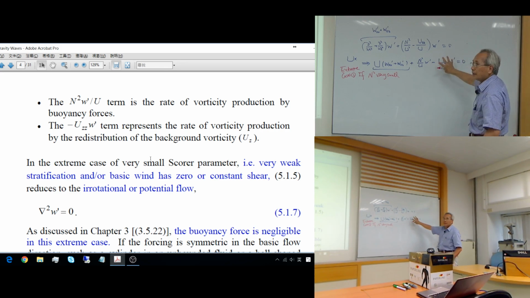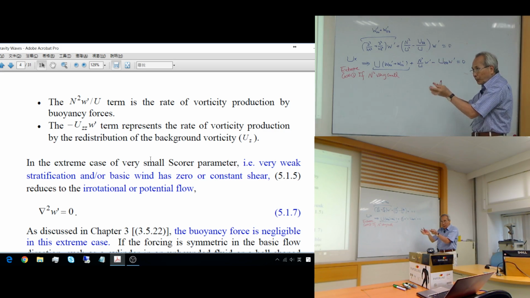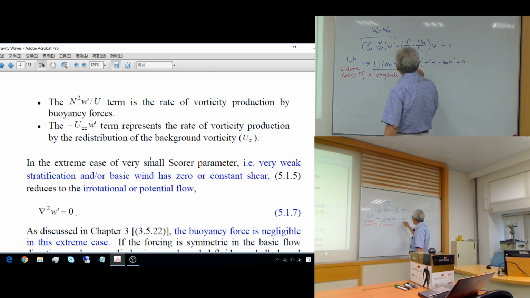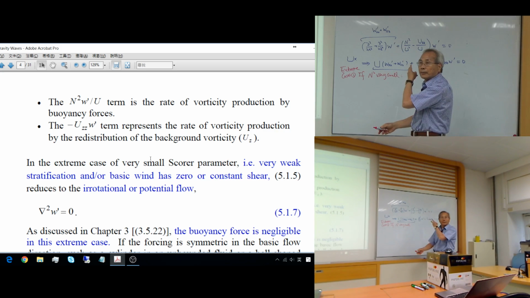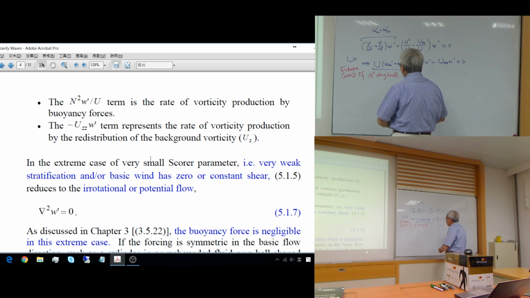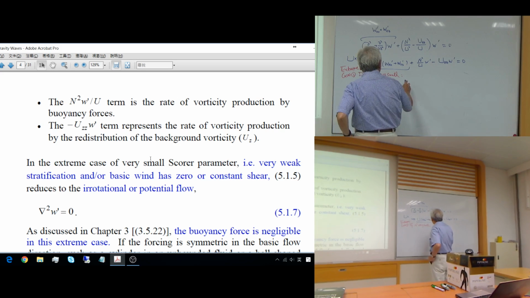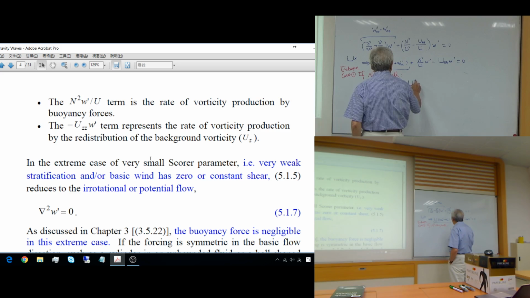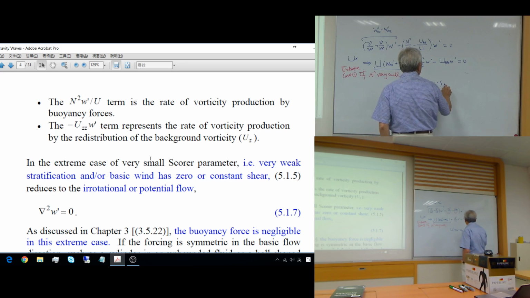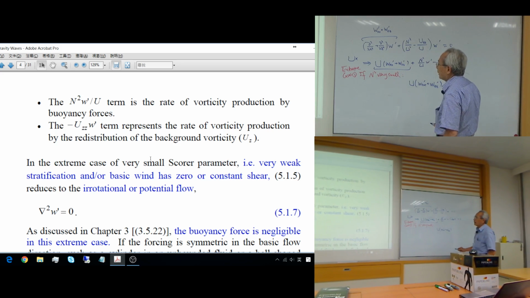This is advection of basic wind vorticity by W prime. So if this is very small, then of course this term will become small. Then this equation will reduce to the following: U w xx prime plus w gg prime.